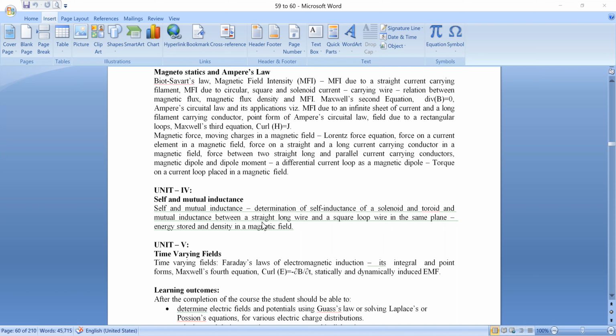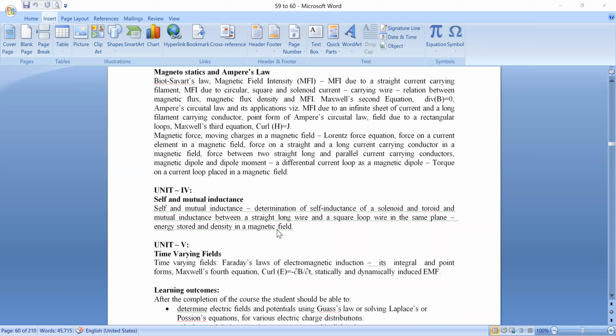Here we take a straight long wire and a square loop wire. Then what about the mutual inductance developed between this straight long wire and a square loop wire, which are in the same plane? And what about the energy stored and energy density in a magnetic field?